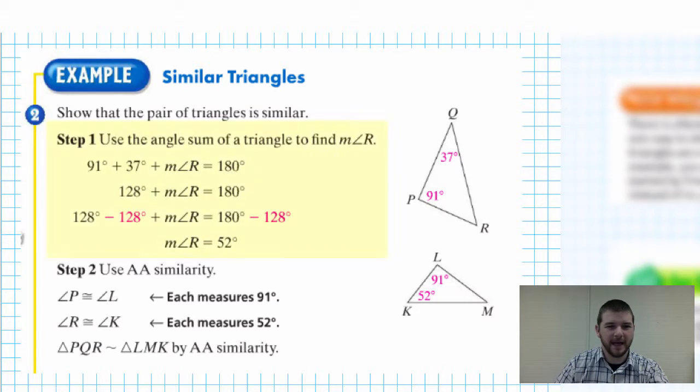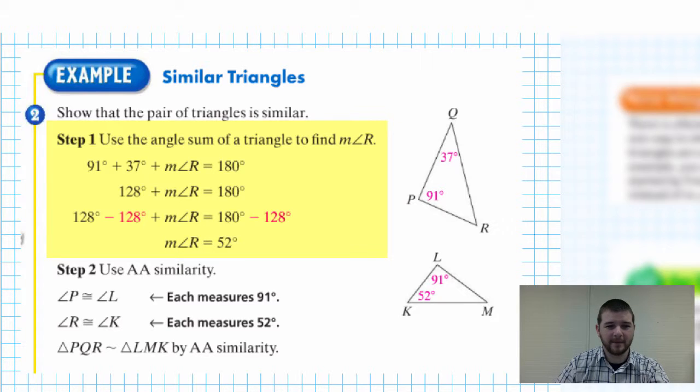Step 1, it says to use the angle sum of a triangle to find the measure of angle R. Well, that can be done quickly and easily. 91 plus 37, 128. Subtract that amount from 180 degrees to find that we have 52 degrees remaining for angle R. That's truly all that we need to know in order to show that these two triangles are similar.